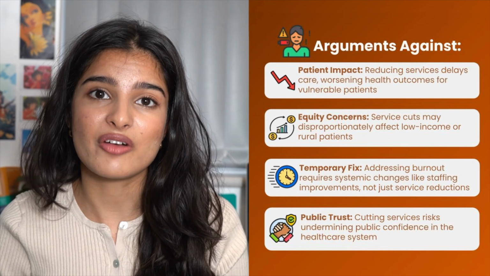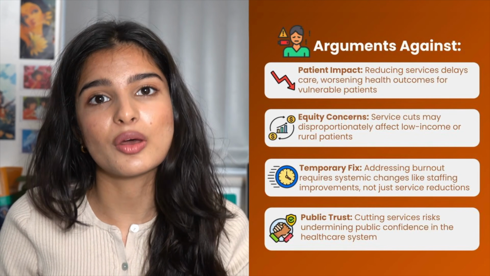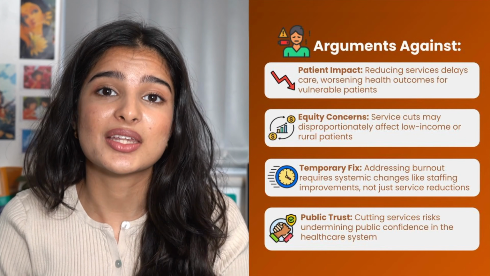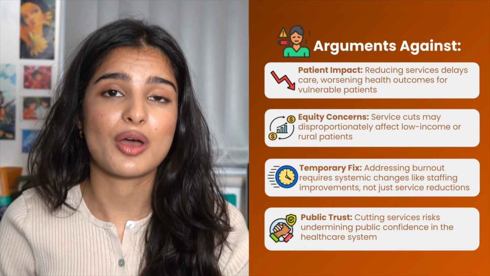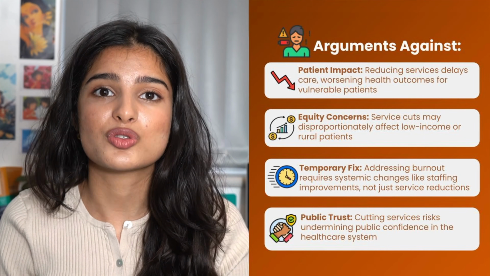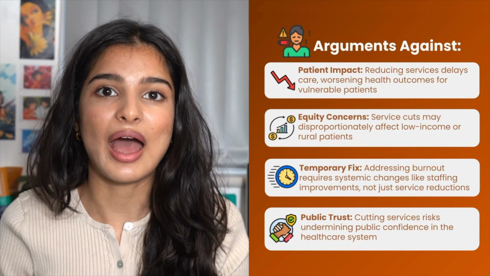The main systemic solutions that we can look at can be things such as improving funding, so staff don't have to work very long hours, which can lead to burnout, or improving staff wellbeing services in hospitals so that they have better support so they don't end up being burnt out. Additionally, this would mean that we're looking at the long-term gains and benefits as opposed to more short-term means like cutting care, which would lead to worsened outcomes anyway.